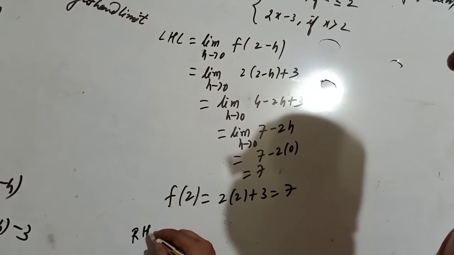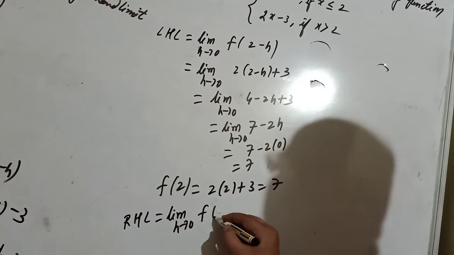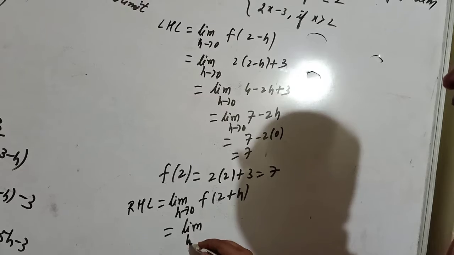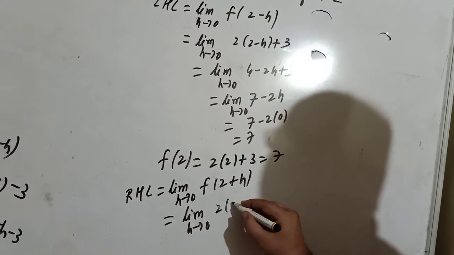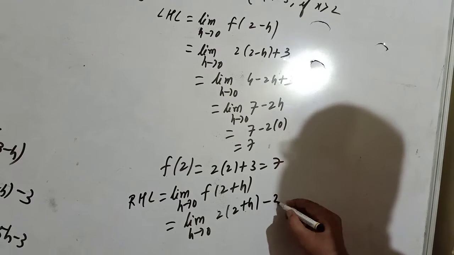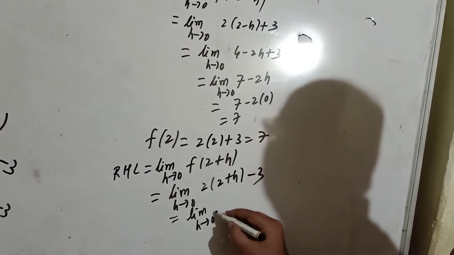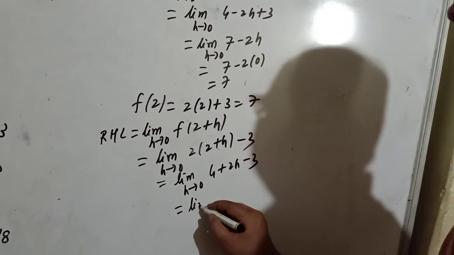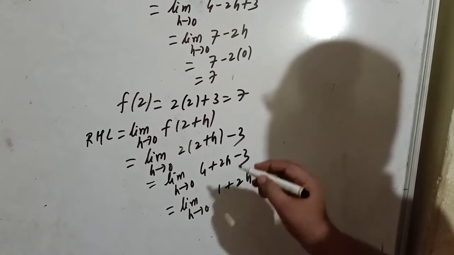How to find RHL? So limit h tends to 0, f of 2 plus h, limit h tends to 0, this function will be taken, 2 times 2 plus h minus 3. So this is what? Limit h tends to 0, 4 plus 2h minus 3. So this is limit h tends to 0, 1 plus 2h. We cannot solve further.